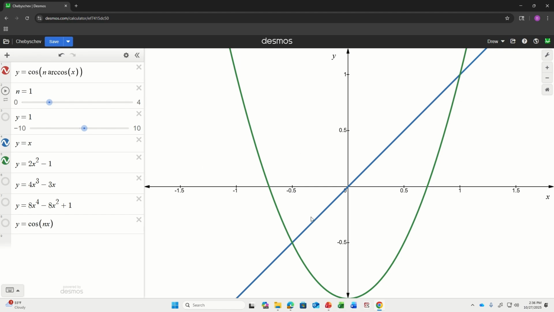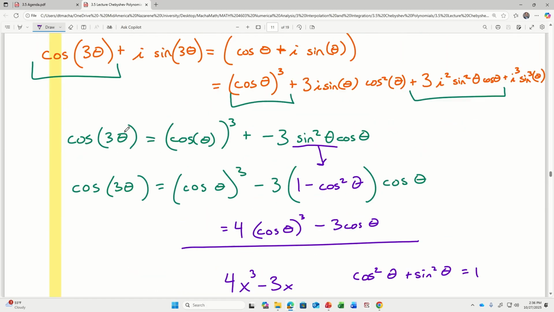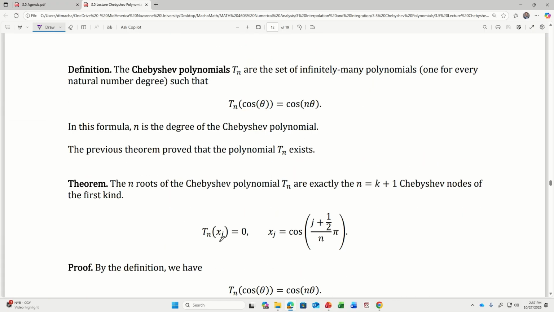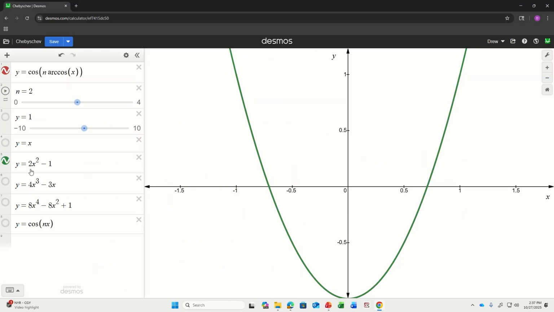So in green, that's my degree 2 Chebyshev polynomial, and I can get there if I change n from 1 to 2. Boop. And then my degree 3 Chebyshev polynomial is 4x cubed minus 3x. Hey, we actually found that, right? 4x cubed minus 3x. We found the degree 3 Chebyshev polynomial a second ago. But I'm going to show you that.